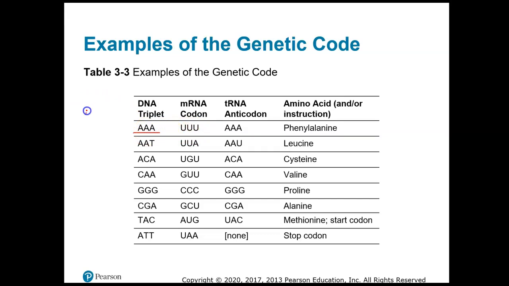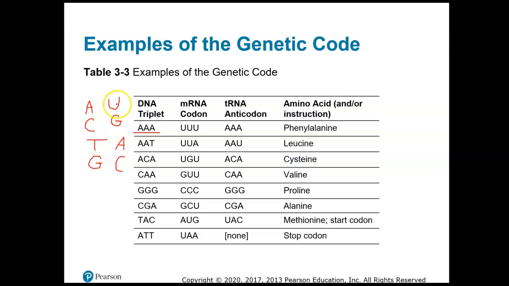The messenger RNA is going to be complementary to the DNA. So if the DNA has an A, then the complementary nucleotide is a U. If the DNA has a C, the complementary nucleotide is a G. If the DNA has a T, the complementary nucleotide is an A. And if the DNA has a G, the complementary nucleotide is a C. The reason you have a U complementary to A rather than T is because RNA only has U, or uracil, and DNA has thymine.